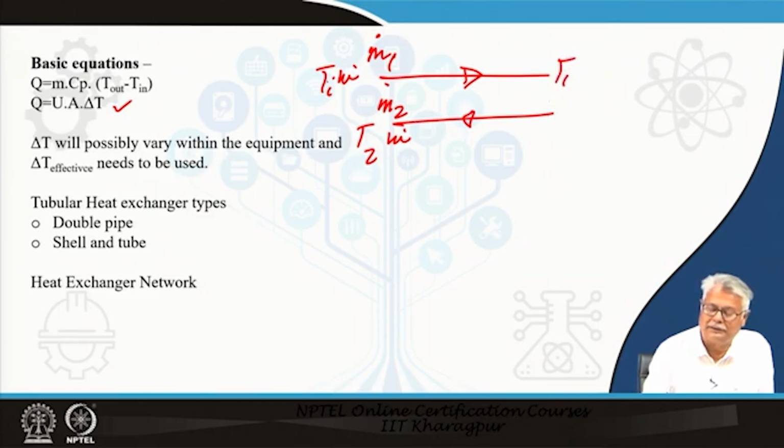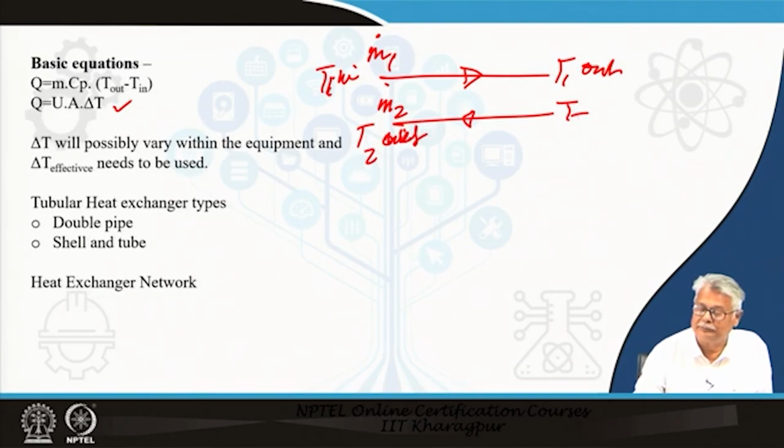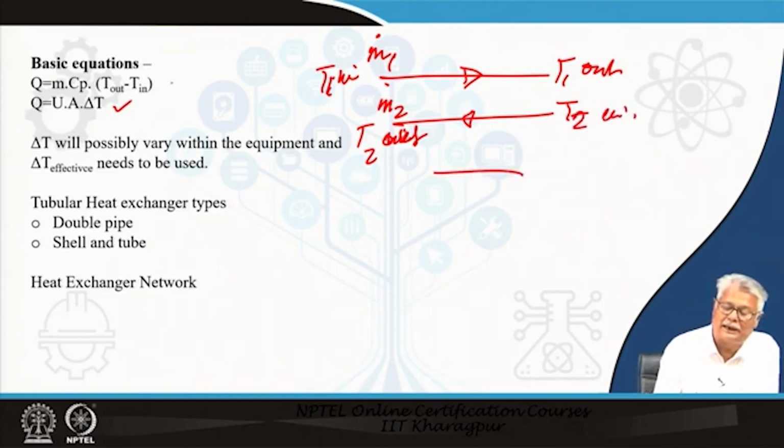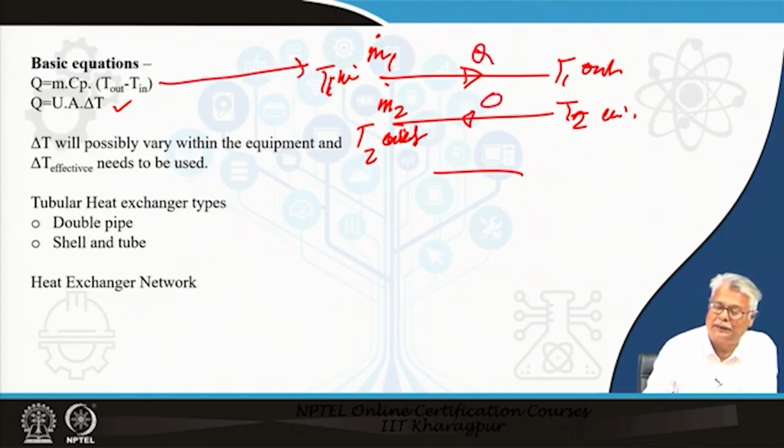This is T1 out and this is T2 out. Quite naturally, I have to write this equation and this will be the same Q here and here. The heat transfer coefficient between these two will be given by this.